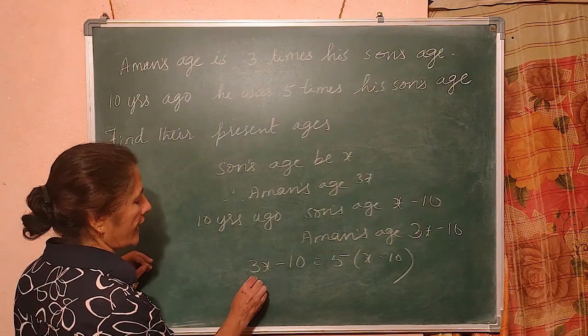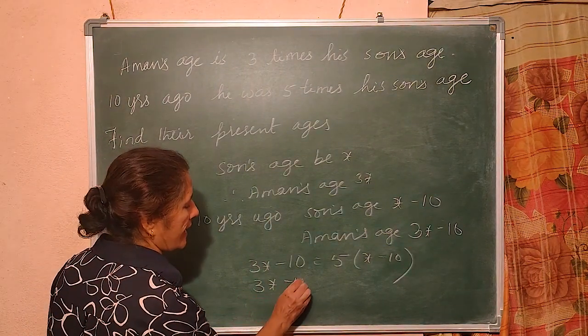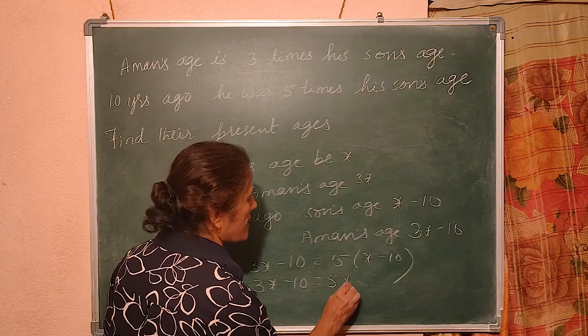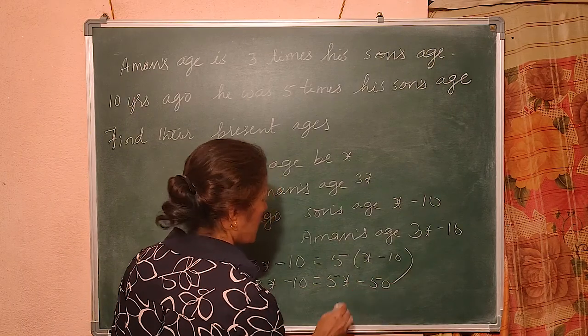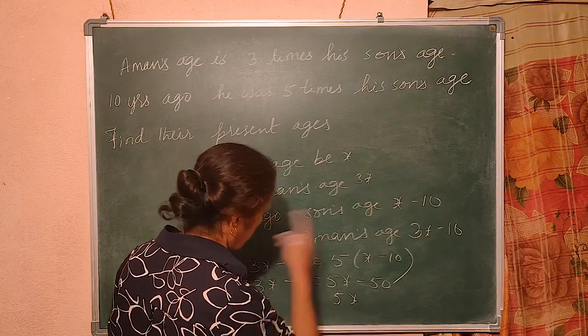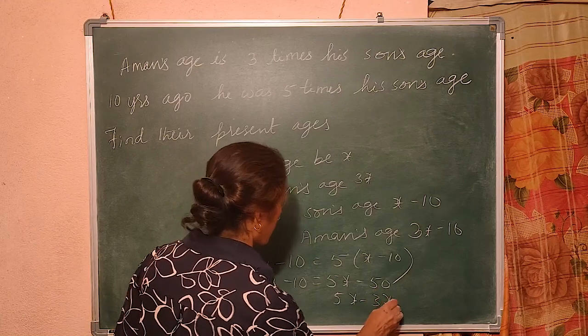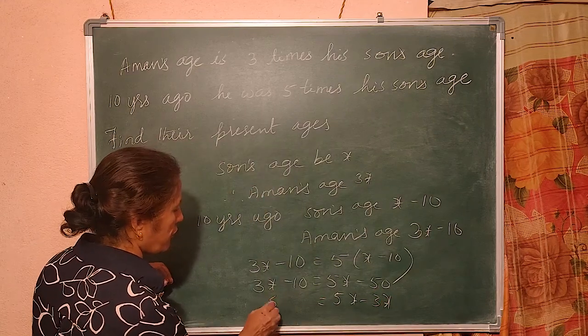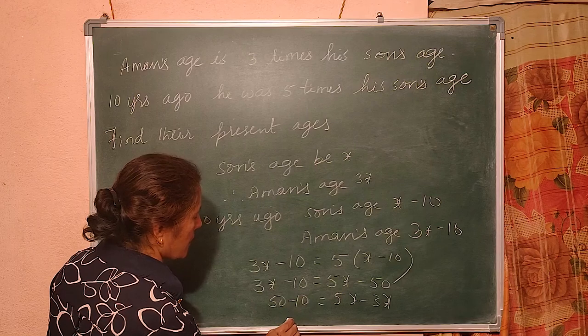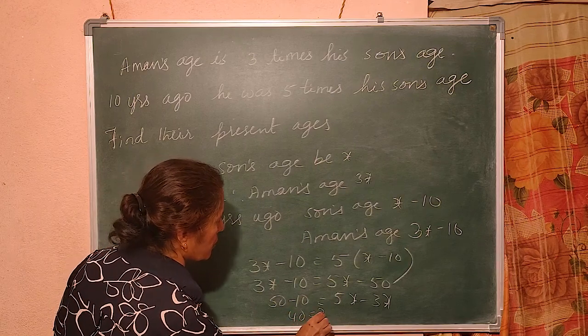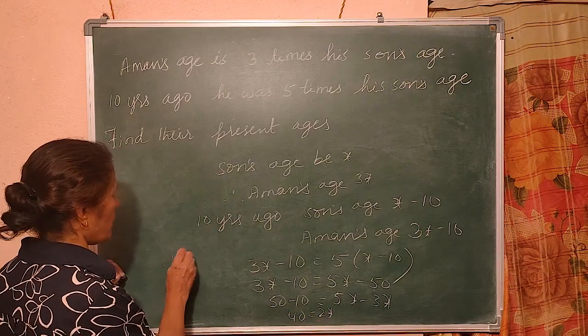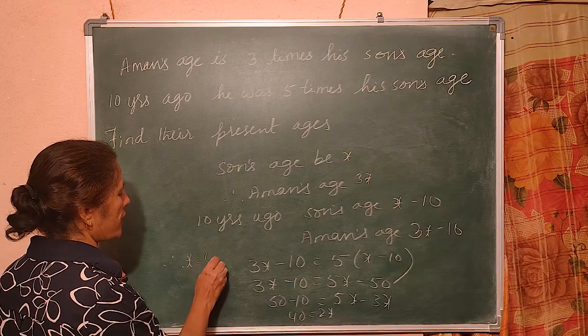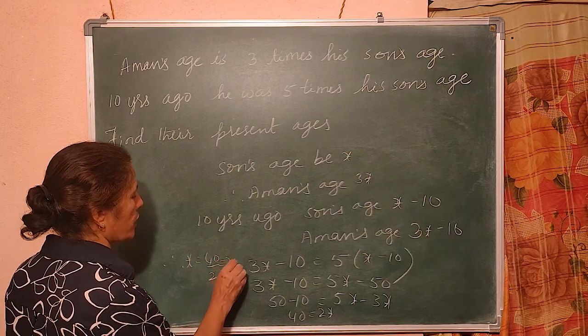So, what do we get? 3x minus 10 is equal to 5x minus 50. So, 5x minus 3x is equal to 50 minus 10. So, 40 is equal to 2x. Therefore, x is equal to 40 divided by 2 is equal to 20.